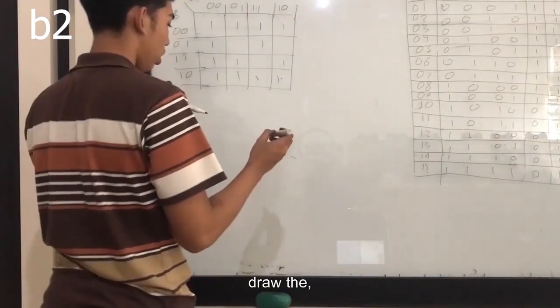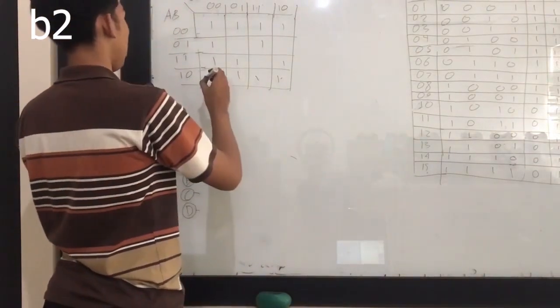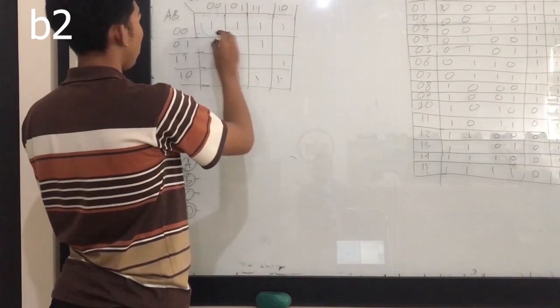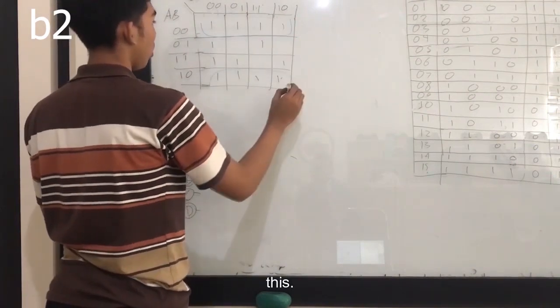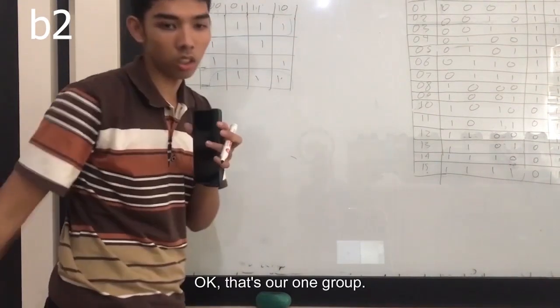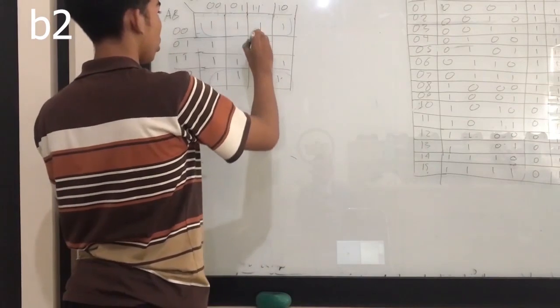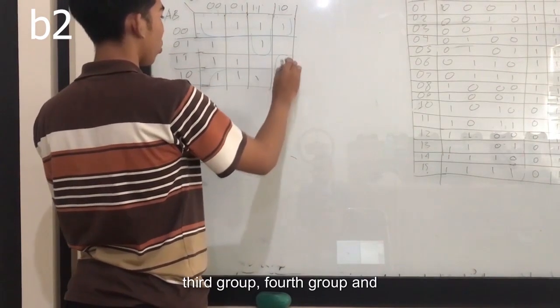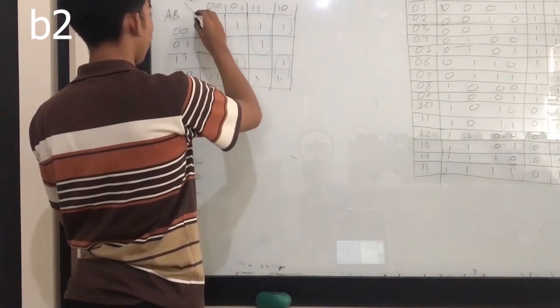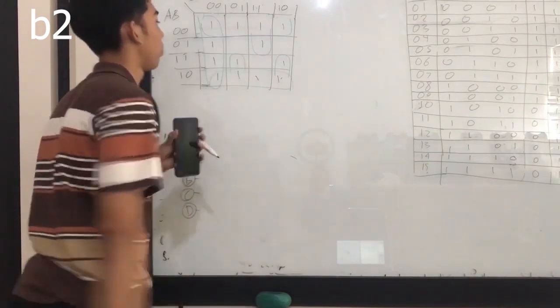Okay, let's try it. This. Okay, that's our one group. Second group, third group, fourth group, and fifth group.